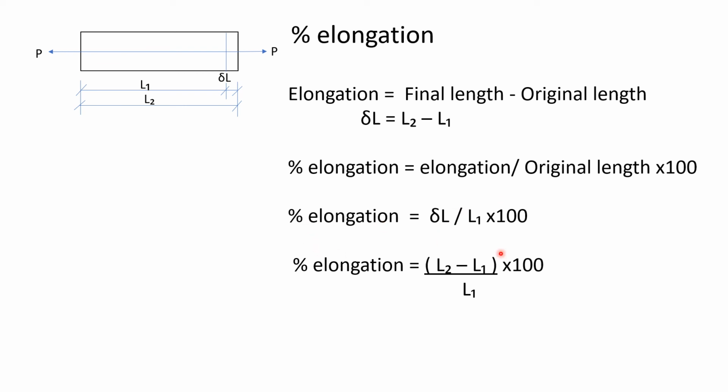So percentage elongation is equal to delta L upon L1 into 100, but delta L is L2 minus L1. So to calculate the percentage elongation, we take the final length minus the original length, that is the gauge length L1, divided by the original length L1, into 100. This is how we calculate the percentage elongation of the bar.